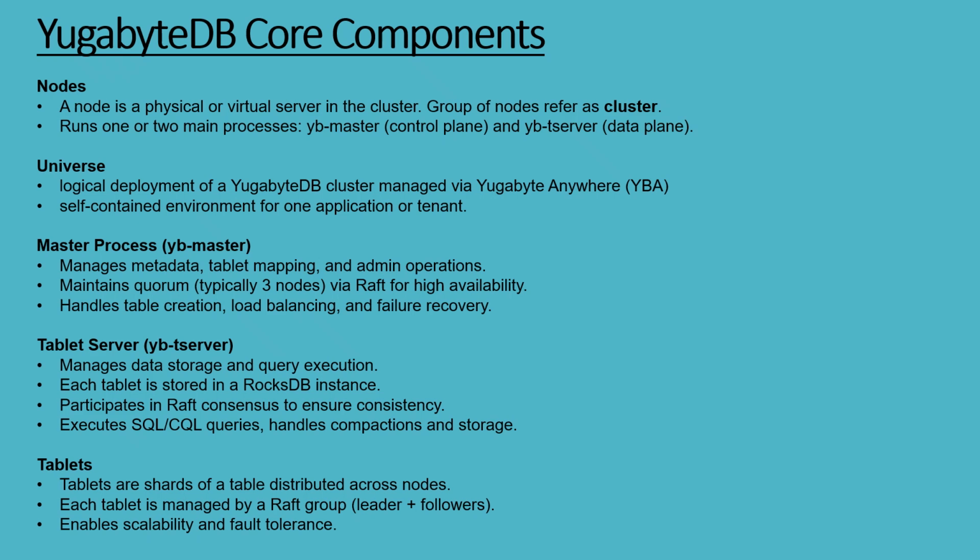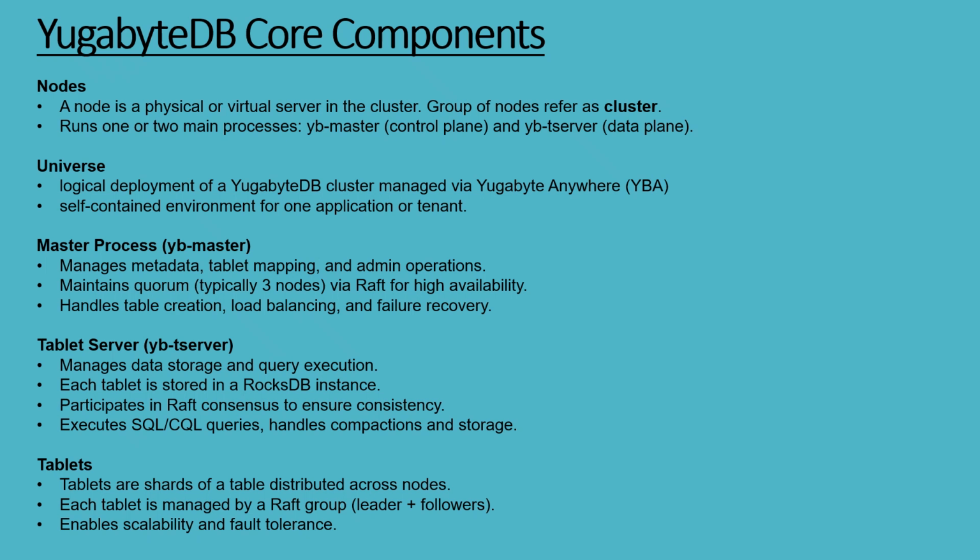Now let's move on to the next important core component, which is the tablet server, also known as T-Server or yb-tserver. The tablet server is the data plane component of YugabyteDB. It's responsible for storing data, executing queries, and handling client requests. Each yb-tserver manages one or more tablets, which are shards of the tables.